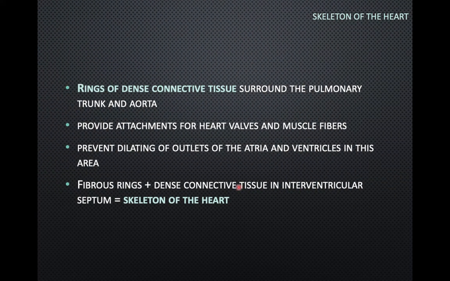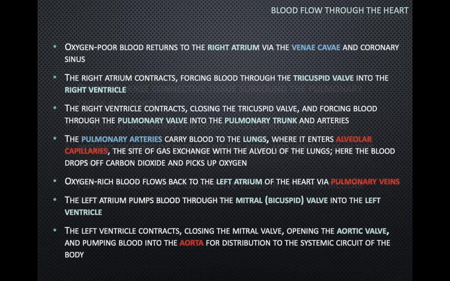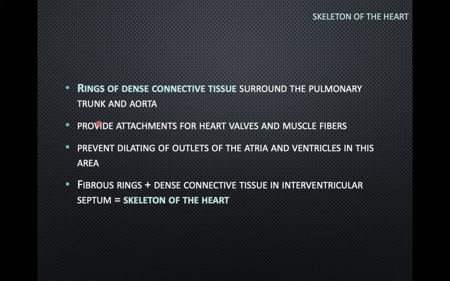Okay. So looking now, let me go back here. The rings of dense connective tissue exist around the pulmonary trunk and aorta. And basically what it does, it prevents any dilating of any of the outlets of the atria and ventricles in the heart valve and muscle fiber areas. Okay, so it kind of creates this fibrous ring.